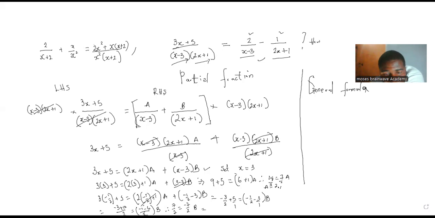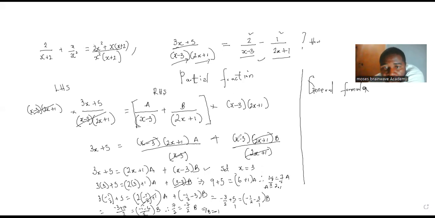So if we divide both sides by 7 over 2, the 7 over 2 is going to cancel out. So we discover that our B here is equal to -1, right? So our B is -1.